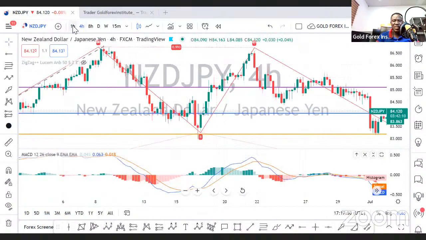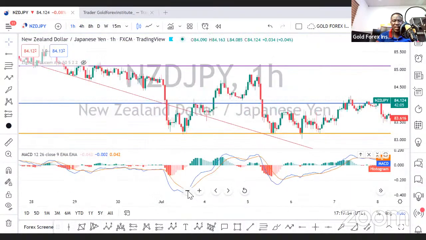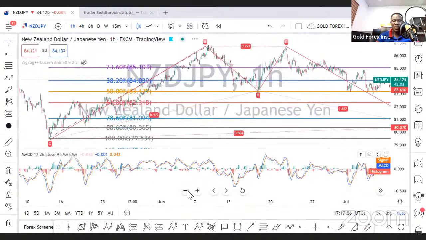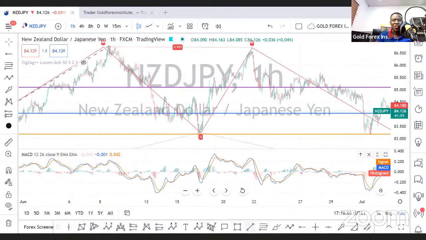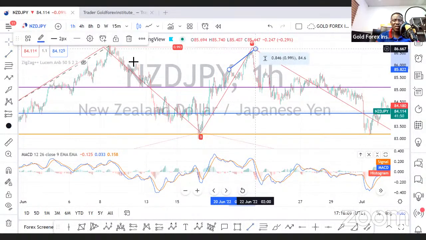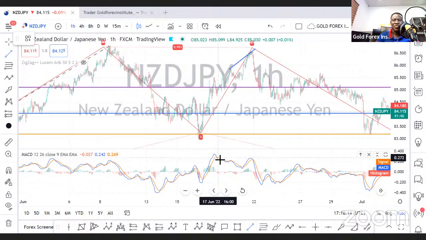I can't remember, but I think so. Yes, I think there was divergence here, you can see. So we look out for more confirmation. STR is very powerful. The reason why I think it's very powerful is that it has so many confluences. We use many confluences for our entry, right?